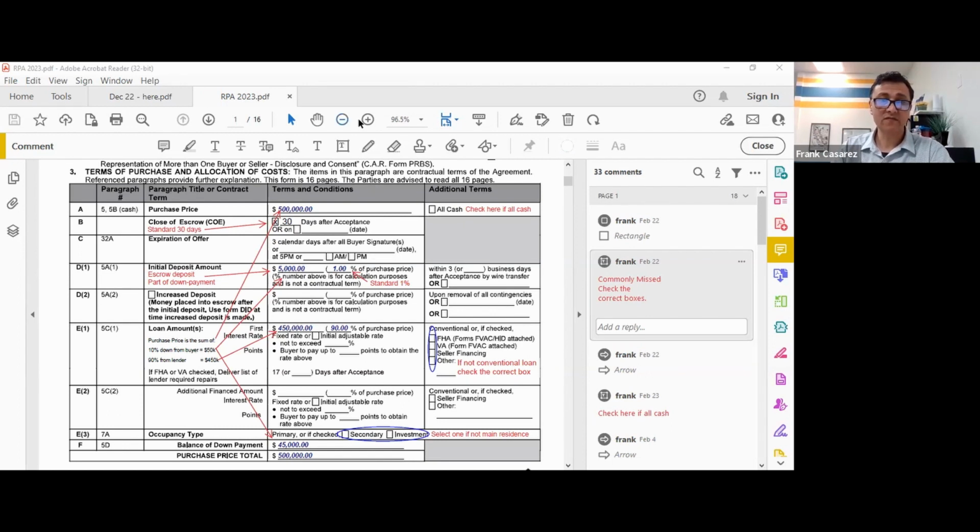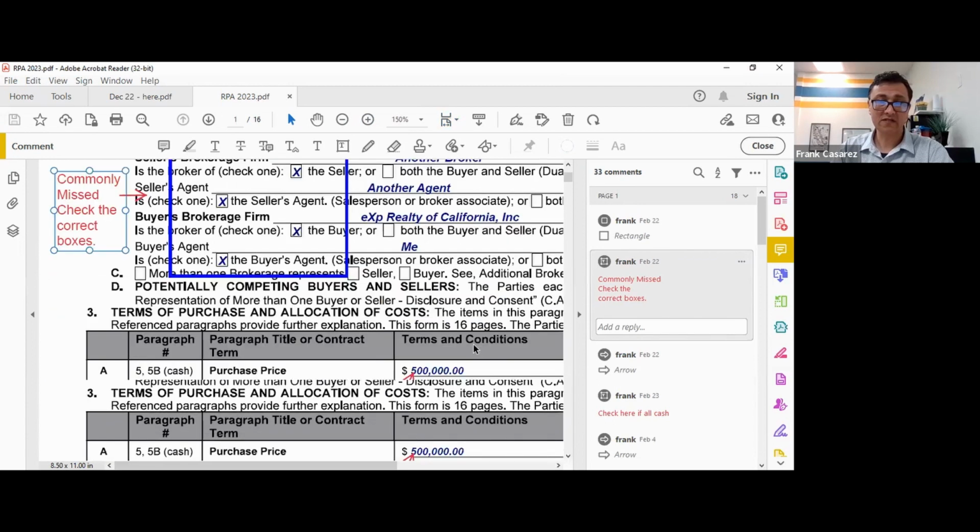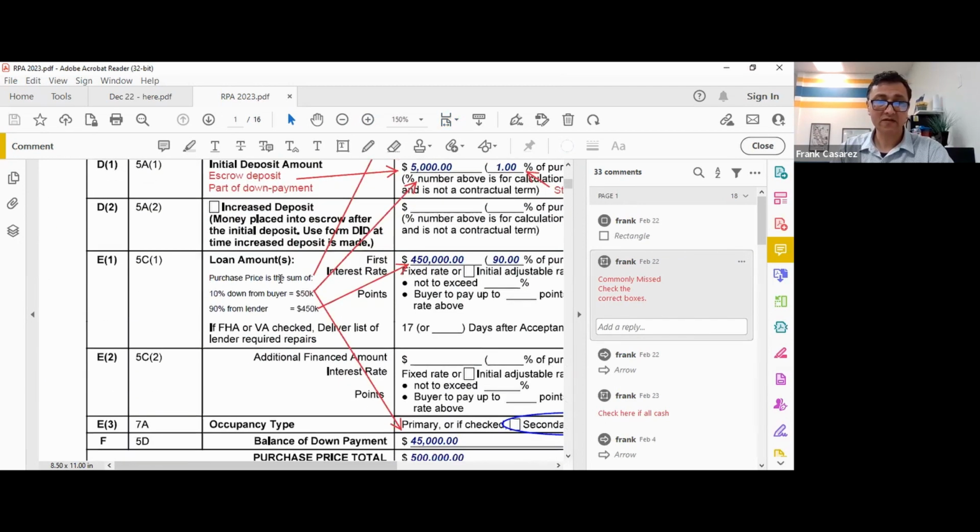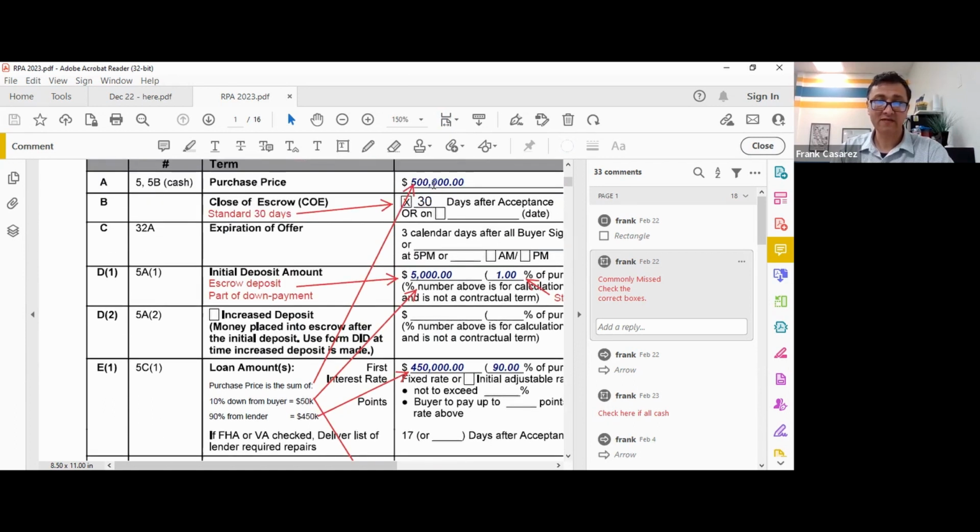So what do? Let me increase this size right here. You're going to take the purchase price, right? Times whatever the percentage, whatever number you get there, you subtract it from the offer price. So once again, your offer price is 500,000.